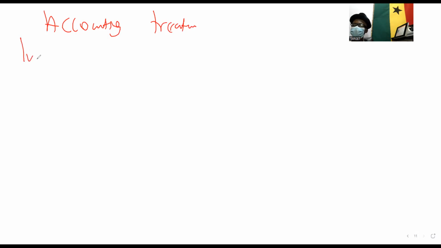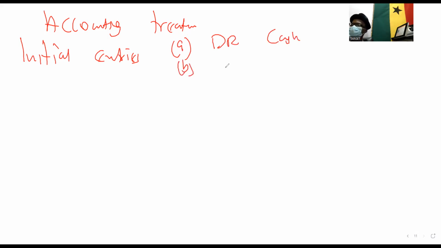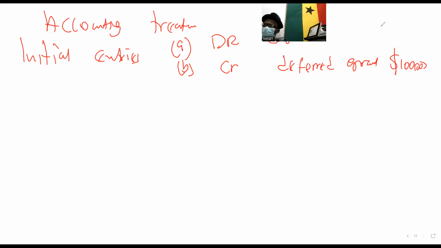At the initial date, the initial entries are: A, we debit cash. B, we credit deferred grant. All of them with $100,000.